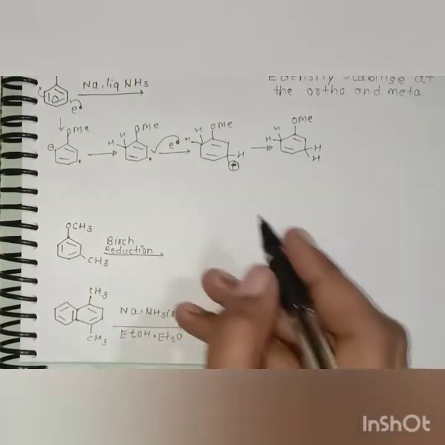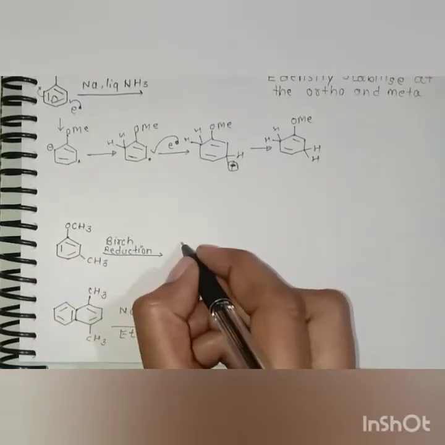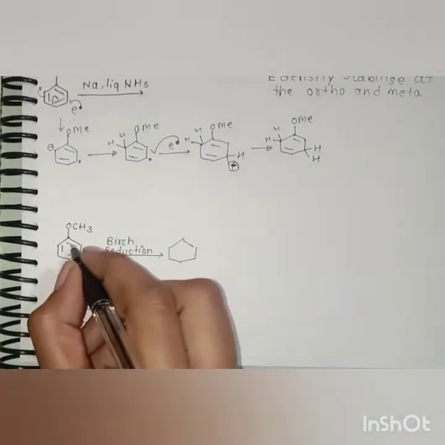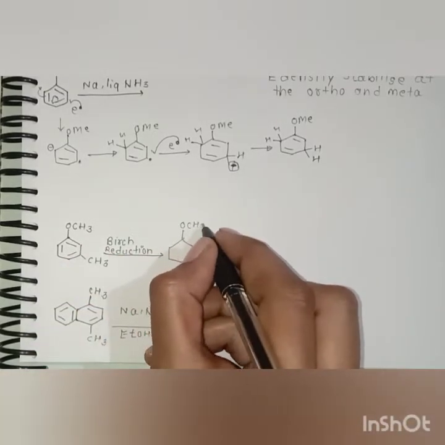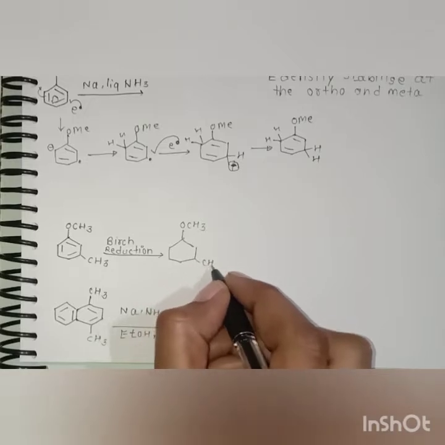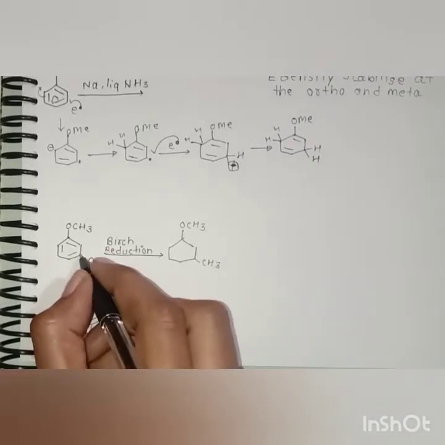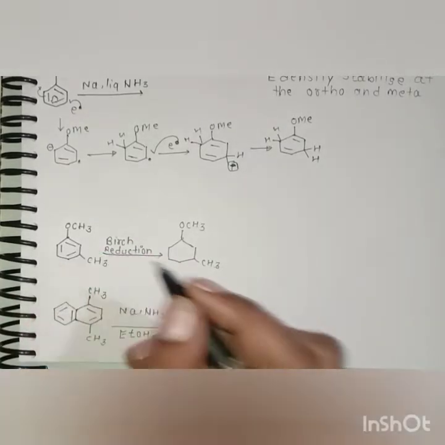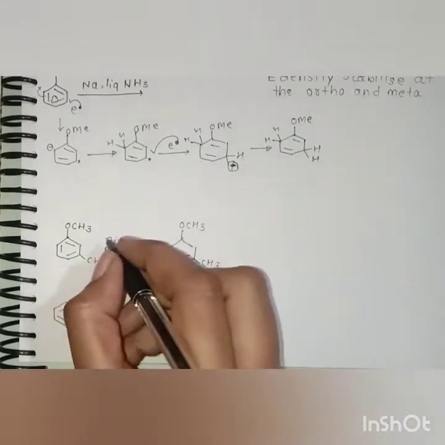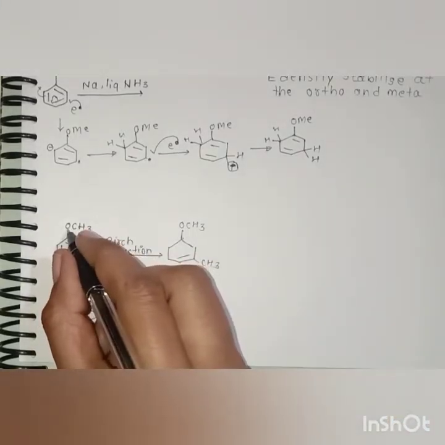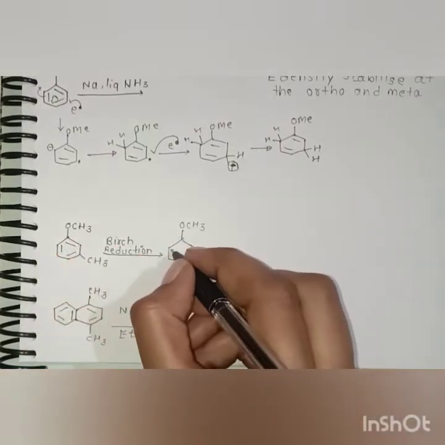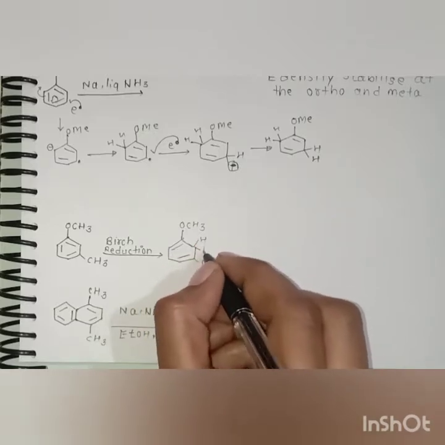In this example also, the Birch reduction happens and this carbon where this electron donating group is present, it always remains sp2 in nature, and to this carbon also the electron donating group is present, therefore it also remains sp2 and we get this product.